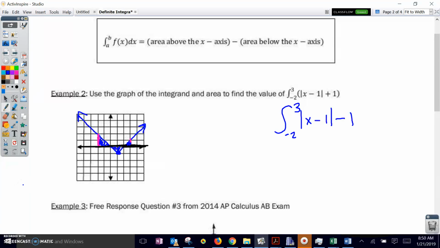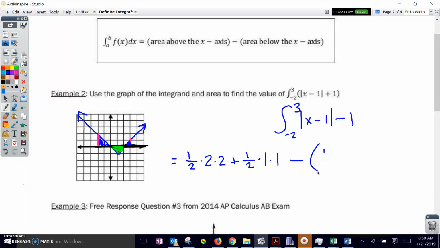And so to find the value of this integral, I'm going to take the area above, which I've got a triangle with base of 2 and height of 2, and I have another triangle with base of 1 and height of 1. That's all the positive areas. And then below the axis, we see here a triangle with a base of 2 and a height of 1.